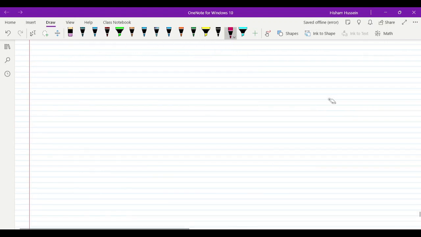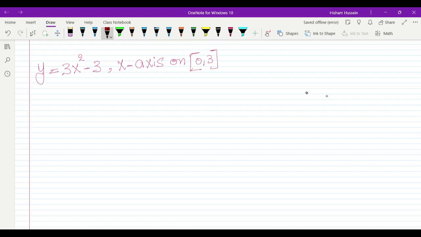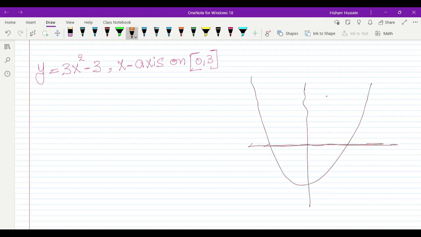What if it's requested to find the area between y equals 3x squared minus 3 and the x-axis on the interval from 0 to 3? Okay, by sketching this region and knowing where the intersection points are, here is the area from x equals 0 to x equals 1, and here is the area from 1 to 3.